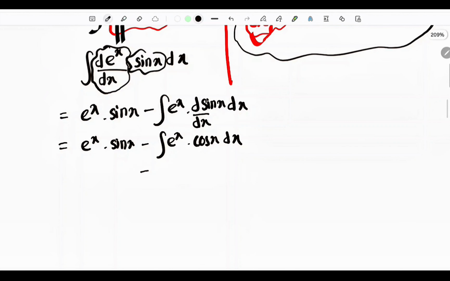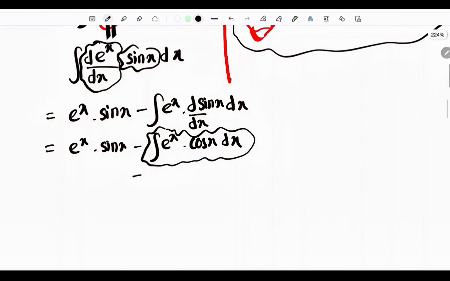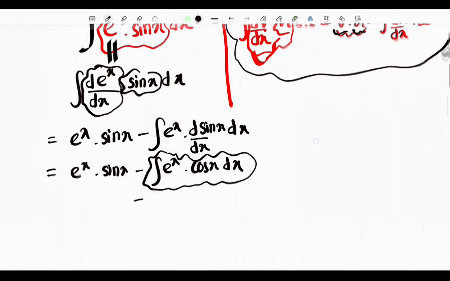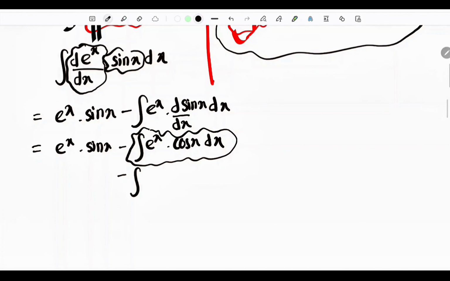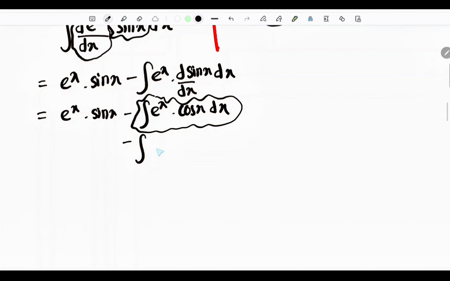And again, we have something that we can't sort out. This is a place where we are kind of helpless, because we don't know how to get a straight answer for this integration of a multiplication. So we have to use integration by parts again, even for this expression.